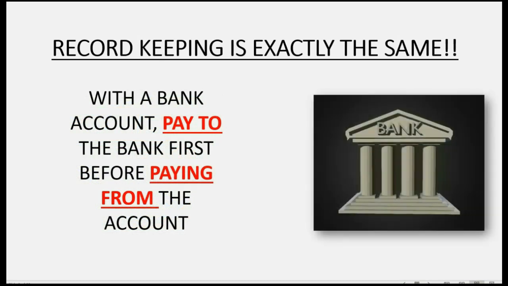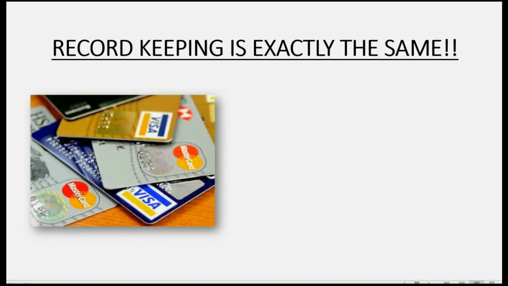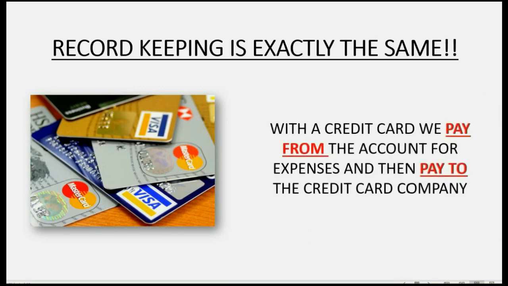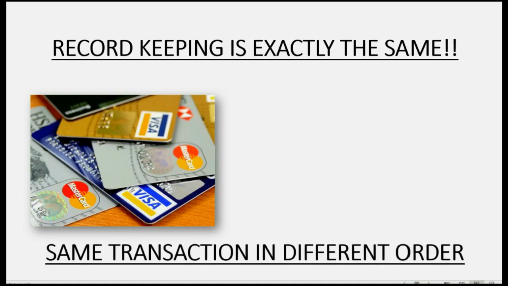But with a bank account, we give our money to the financial institution first, then we pay from the account for the things that we need in business. But with a company credit card, we pay from the account first, and then after that, we give our money to the financial institution to pay off the card. So it's the same transactions, but it's in a different order.